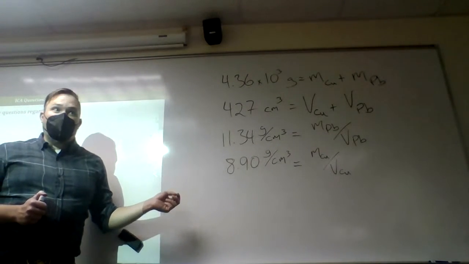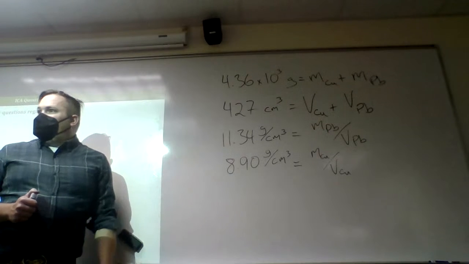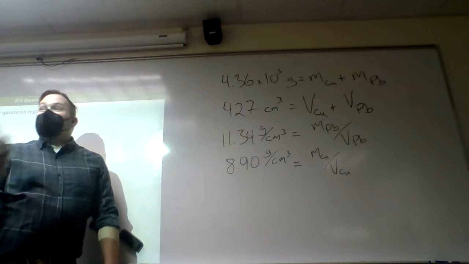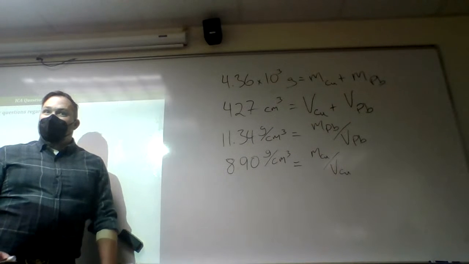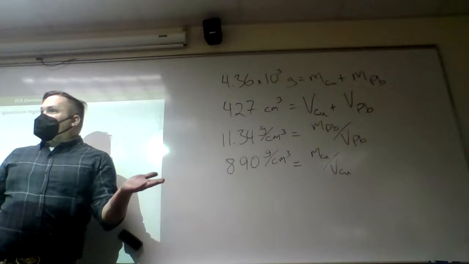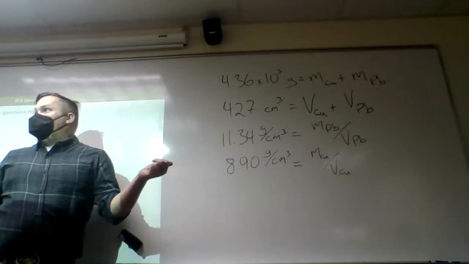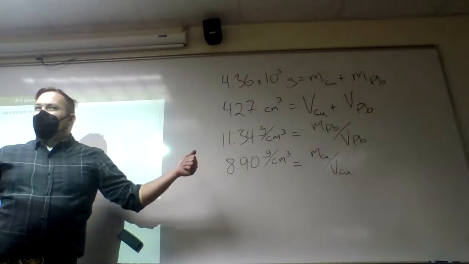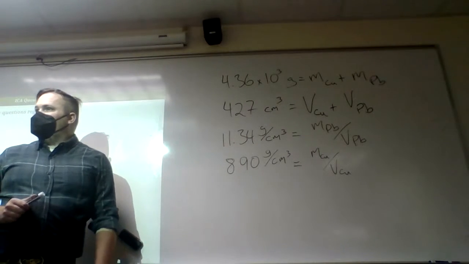From here, all we're going to do is just start substituting. It's not so clear from what they said. It is. You just need to know that you can look at it this way. Anytime you have a mixture of things, you don't know anything about the composition of that mixture other than it has 2 components, you should start thinking about it like this. Like, okay, well, what can I write that I know is true?